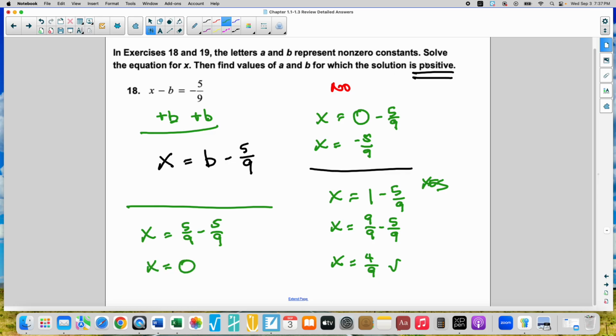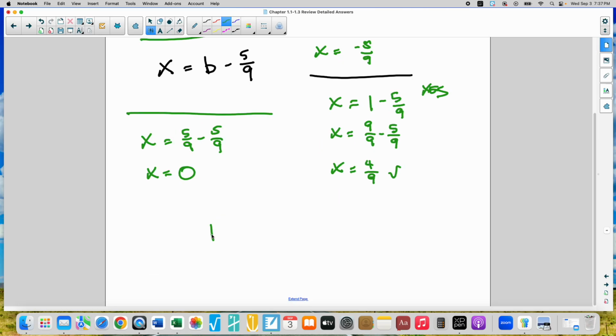Now, that is not a positive value. 0 is neutral. But I found where it stops. So any value bigger than 5/9, that was what I plugged in for b. When b is equal to 5/9, my x value is going to be equal to 0, meaning it's neutral.